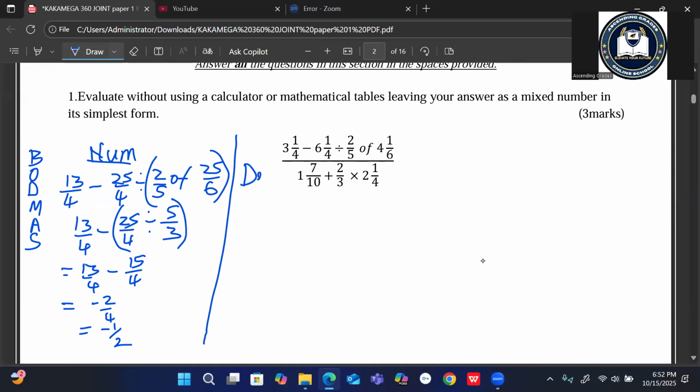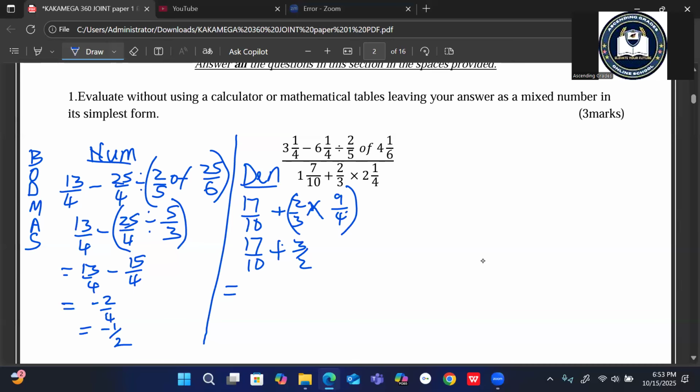We go to our denominator. It is 1 7/10, which is the same as 17/10, plus 2/3 times 2¼ which is the same as 9/4. So following BODMAS, we should begin with multiplication. So 17/10 plus 2/3 times 9/4, you will get 3/2.